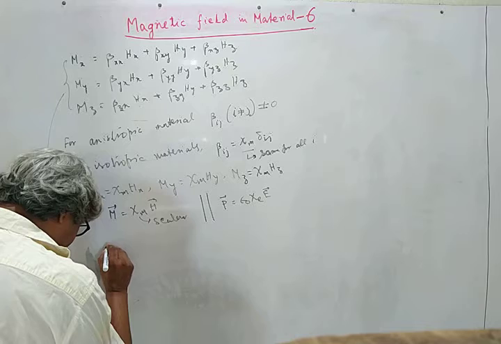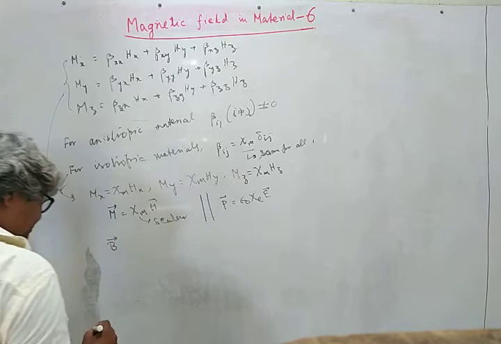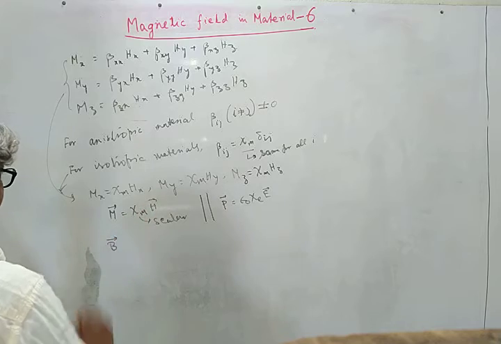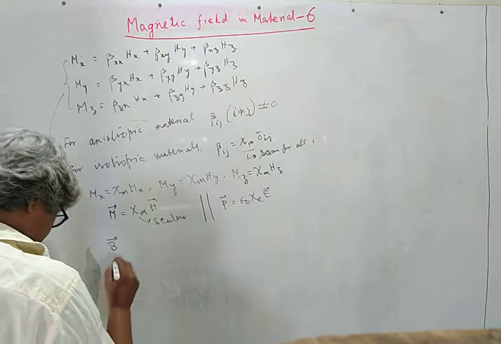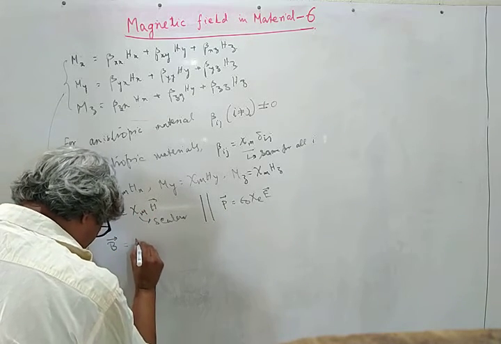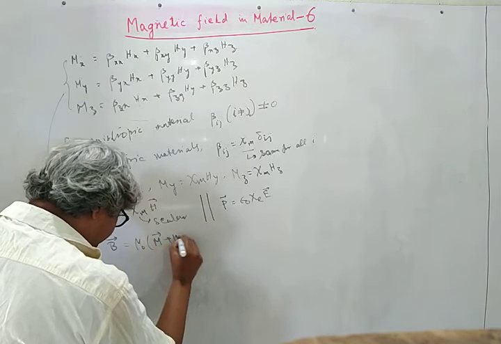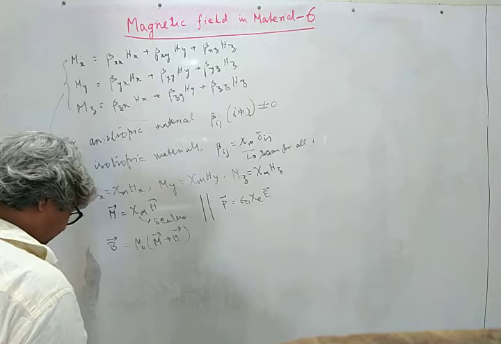So even for isotropic medium, M and H are in the same direction, and since we define B to be mu_0 times M plus H, B is also in the same direction.